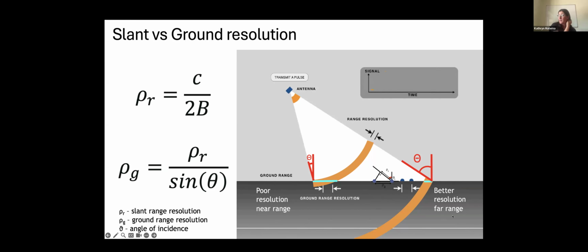This actually makes a lot of sense because what the antenna is looking for when the pulse is returned is the ability to separate between different pixels. And if there's a larger travel distance that needs to be traveled, these pixels will separate and their reflected chirps will separate a little bit more. So you have better resolution in the far range.